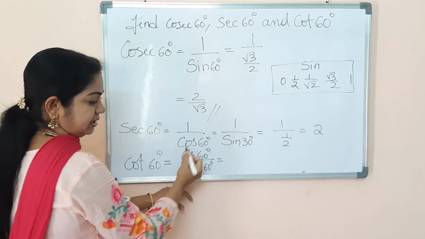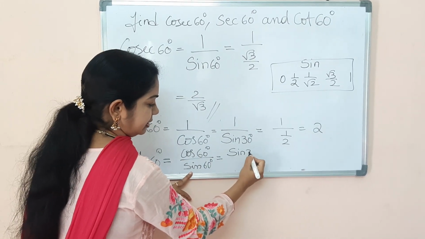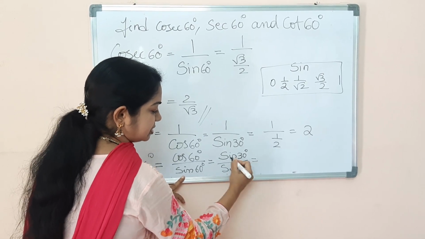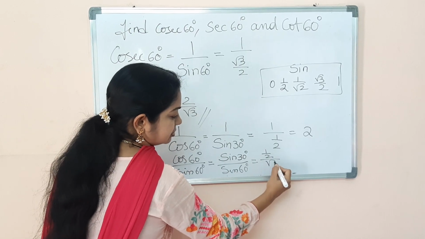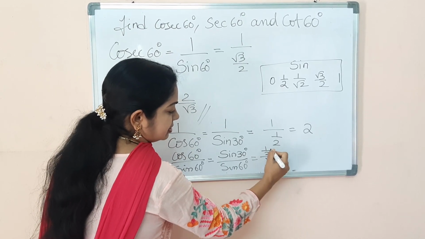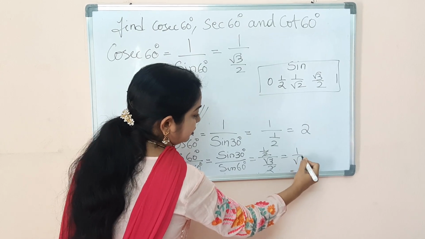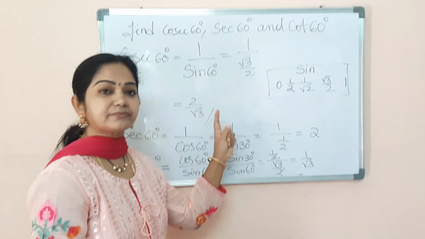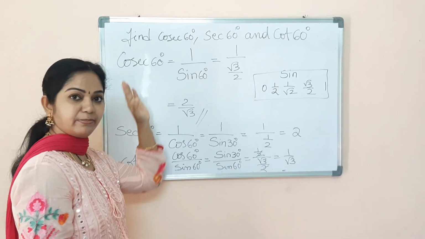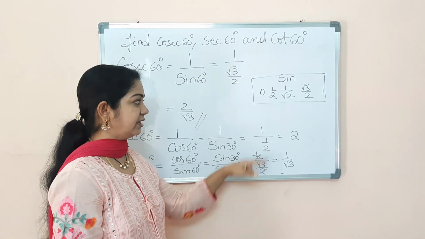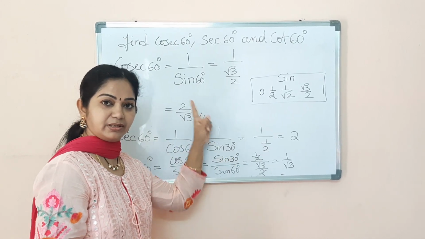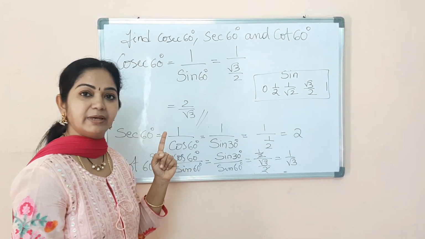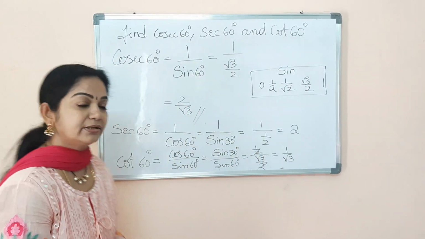So cos 60 is sine 30 because they are complementary, and again sine 60. So sine 30 is 1 by 2, sine 60 is root 3 by 2. If you cancel this, it comes to 1 by root 3. That means cot 60 is 1 by root 3. Simply we can say that each ratio I am bringing into sine values, wherein sine values I know very well. This is another method for solving problems regarding the trigonometric values.